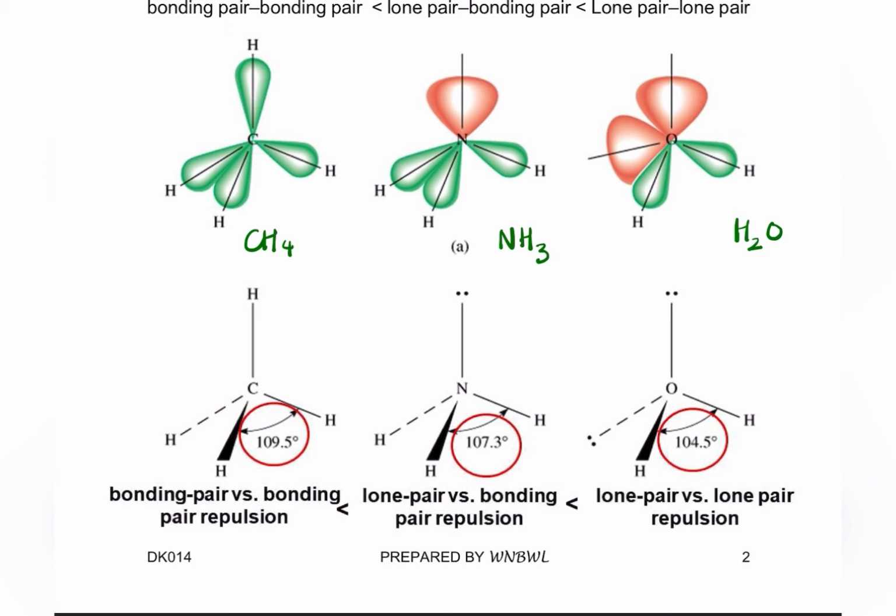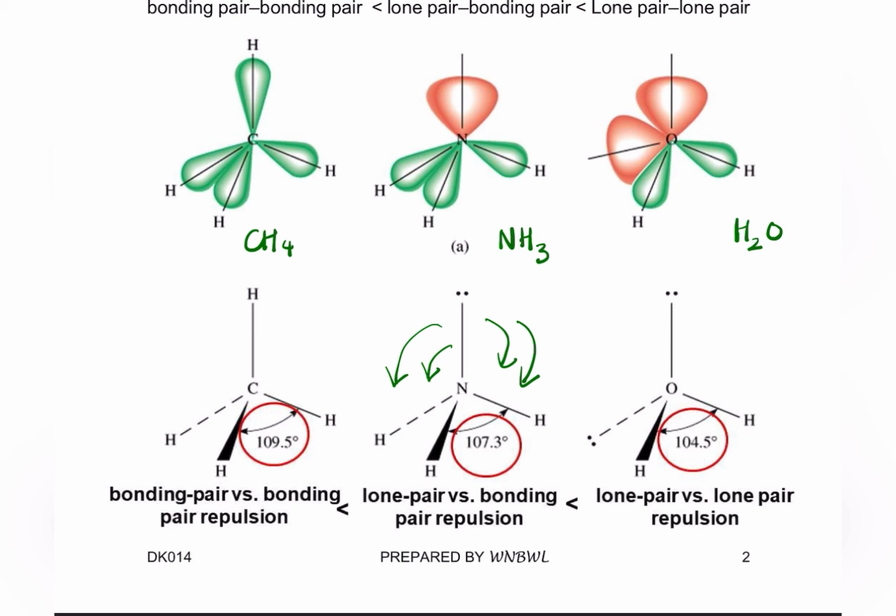As you can see here, untuk bahagian angle daripada bonding pair kepada bonding pair in CH4, dia adalah 109.5, tetapi kerana ada lone pair untuk NH3, so lone pair ini akan menolak. So dia menolak, dan hasil tolakan ini menyebabkan sudut di bahagian sini makin mengecil. So that's why the value keeps decreasing.